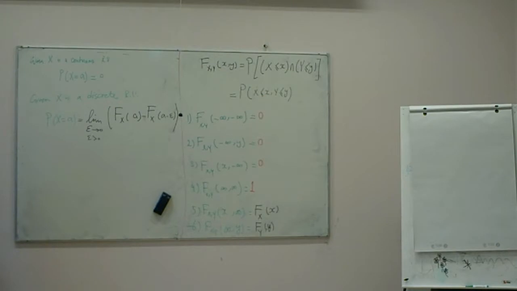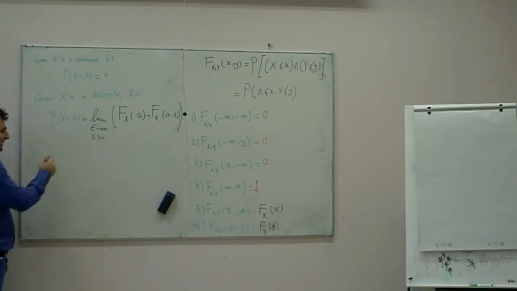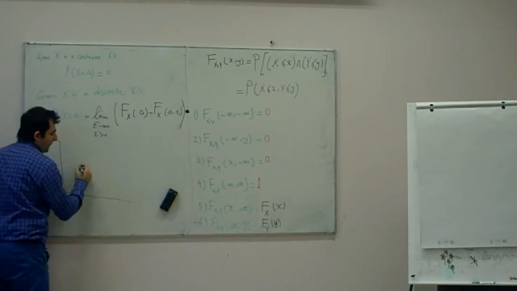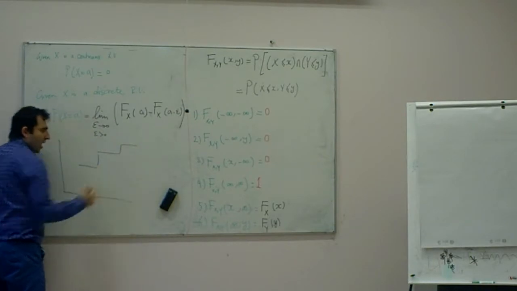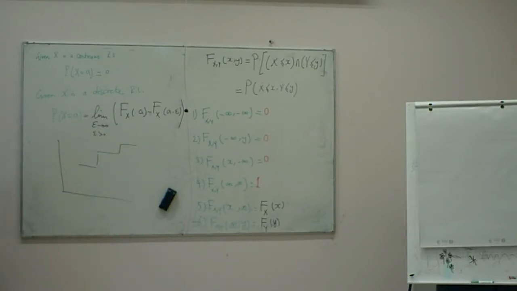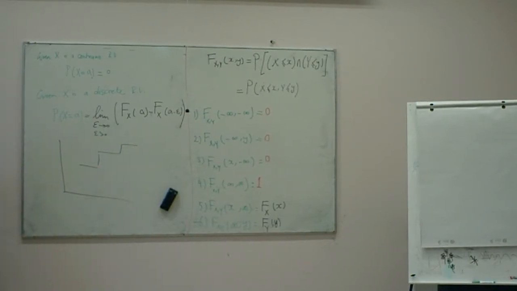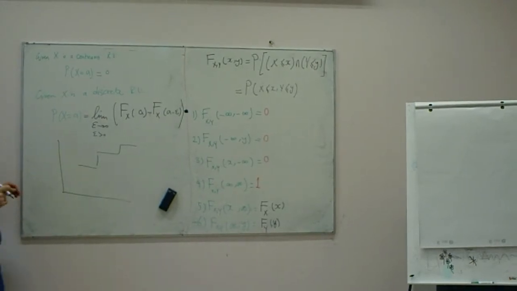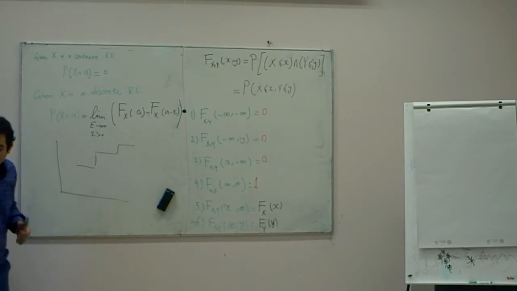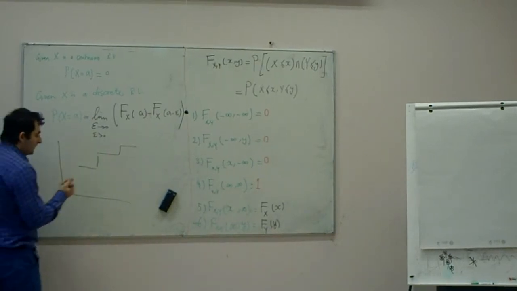Now, this means that if I have a distribution, a cumulative distribution function, you have seen it actually in the previous lecture, and you may remember it even from the previous lecture of the image processing course.